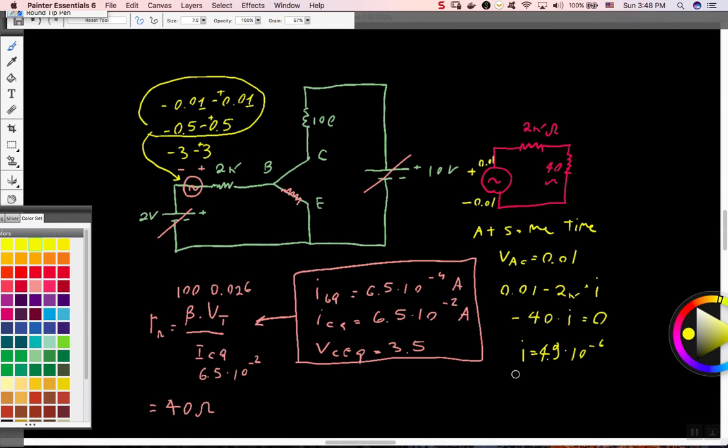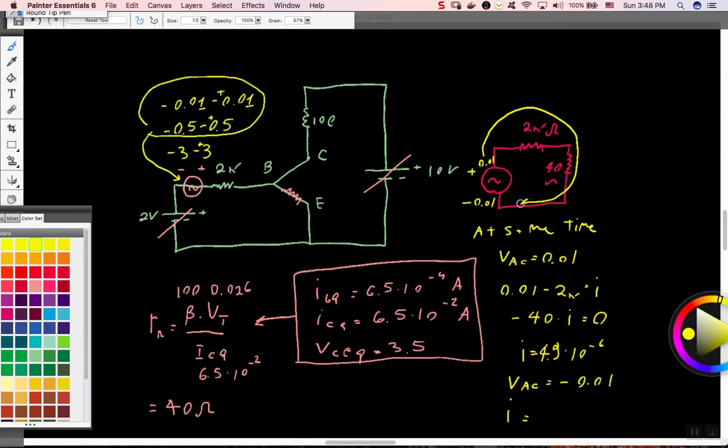Okay, and if the VAC were minus 0.01, then the current I would be obviously the other way around. So if it's minus 0.01, let's define the direction of the current like this.